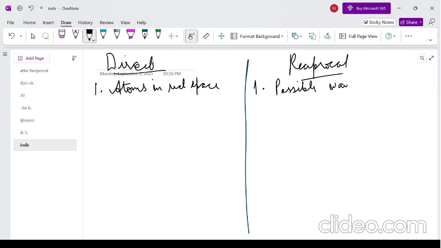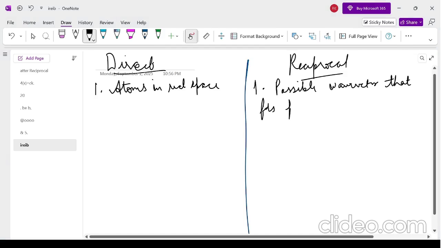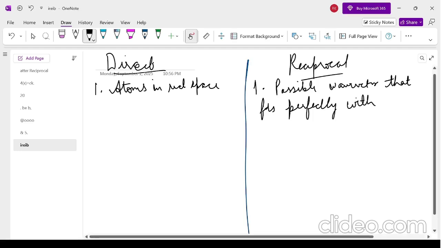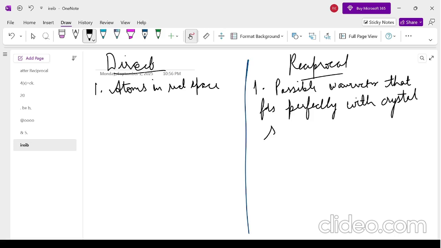Wave vectors are not any physical thing. They are the possible wave vectors that fit perfectly with the crystal symmetry and periodicity.